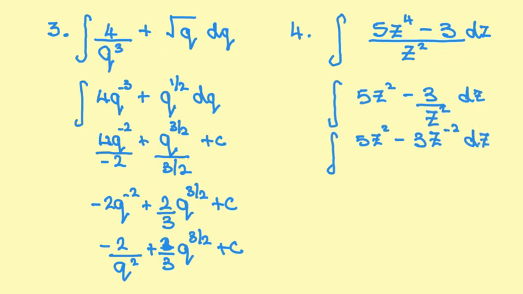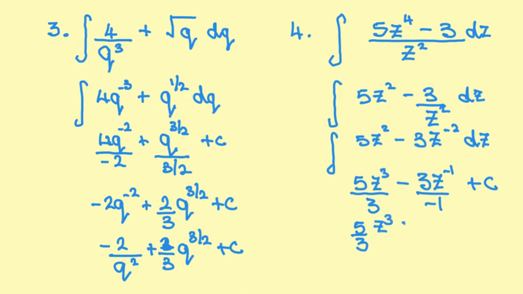Add 1 to the power, so we get 5z cubed over 3 minus 3z, minus 2 plus 1 is minus 1, divided by minus 1, plus c. Then we're left with 5 over 3 z cubed.